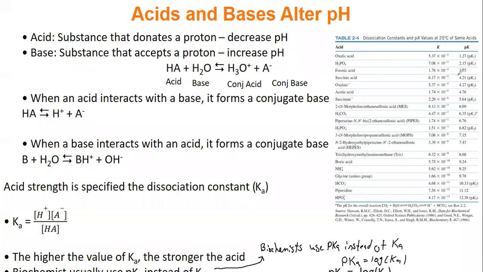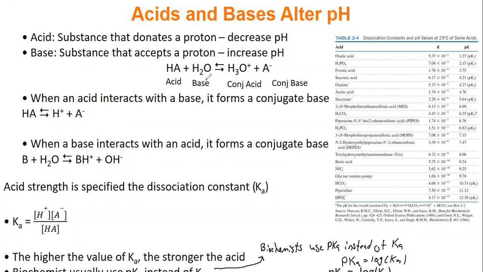So we just start with some simple definitions, and there's different ways to define an acid and a base. But the definition we're going to go with is that an acid will donate a proton, which will decrease pH, while a base accepts a proton, which causes an increase in pH. And here we have a simple acid-base reaction.